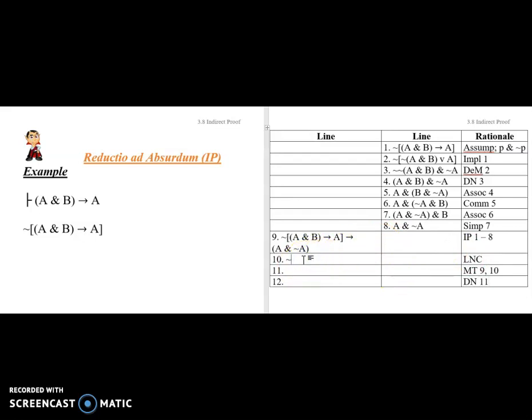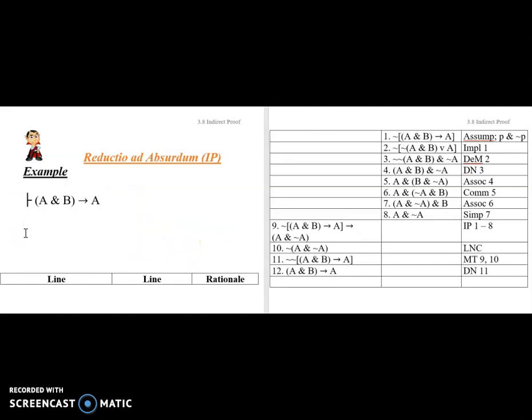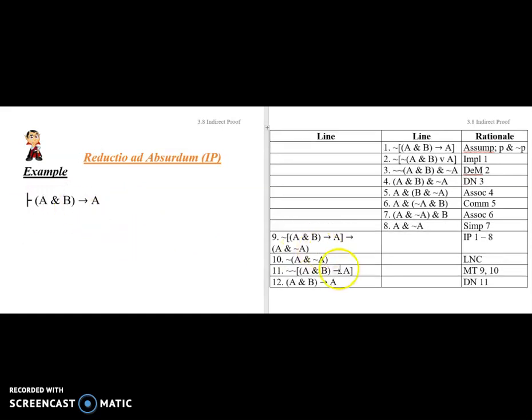So this one's going to be, it's not the case that A and not A. That's our LNC, and that's going to set up this guy, the negation of him, by modus tollens on those two, like this. And then by double negating that, we end up with this, which I can reduce to just this, and notice this is what we were looking for, of course. This was the negation of it that we were trying to find. So that's QED, all right?